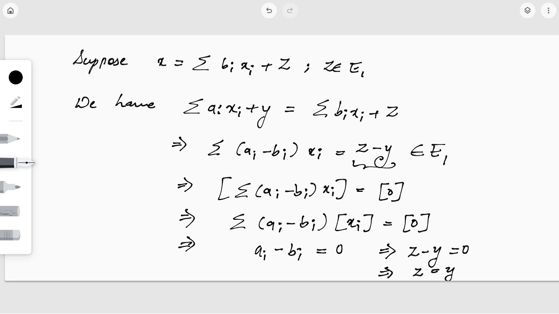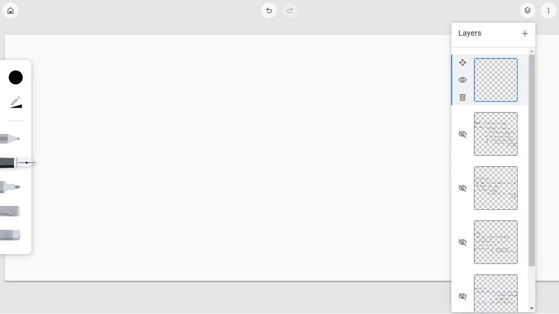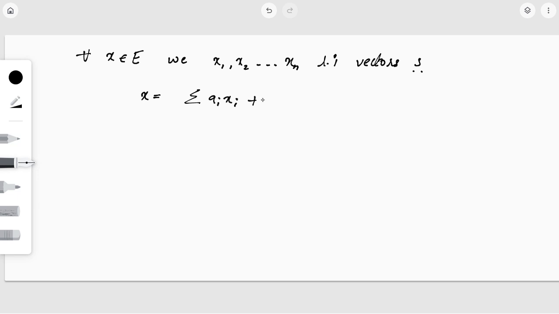Now coming to the converse part, we are assuming that for every x belongs to the space E, we have x1, x2, etc., xn linearly independent vectors such that x is equal to summation ai xi plus y, where y is an element of E1.